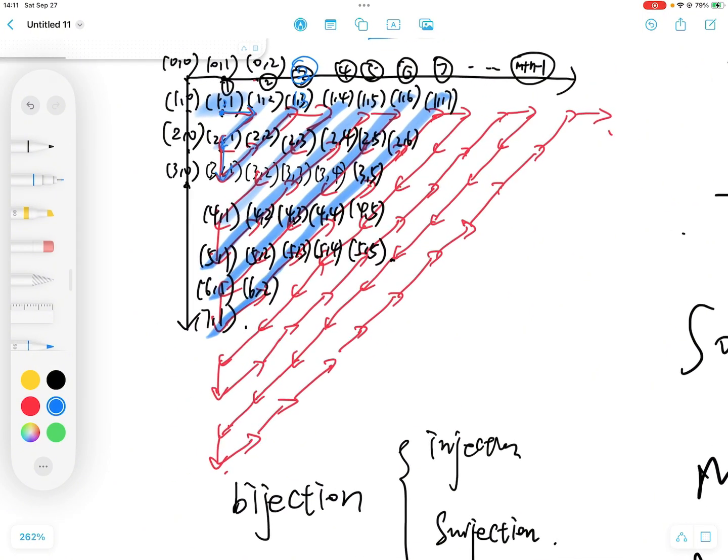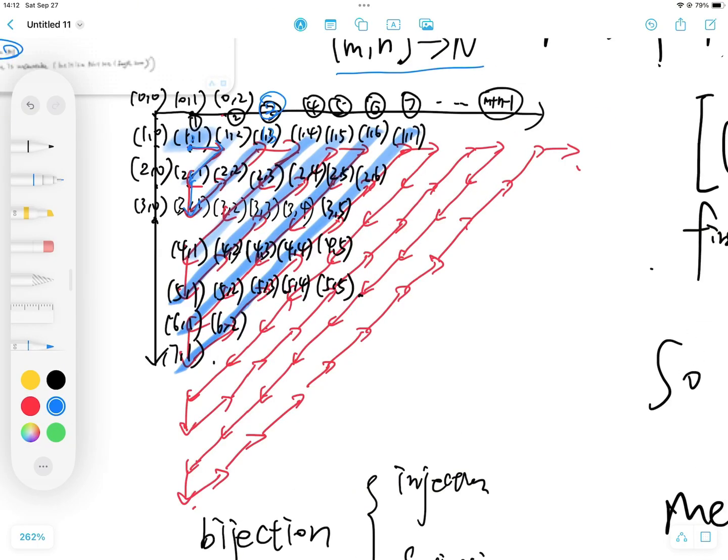And injection: if I choose two natural numbers n1 and n2, since each natural number corresponds to only one of these pairs, I will say it is an injection.